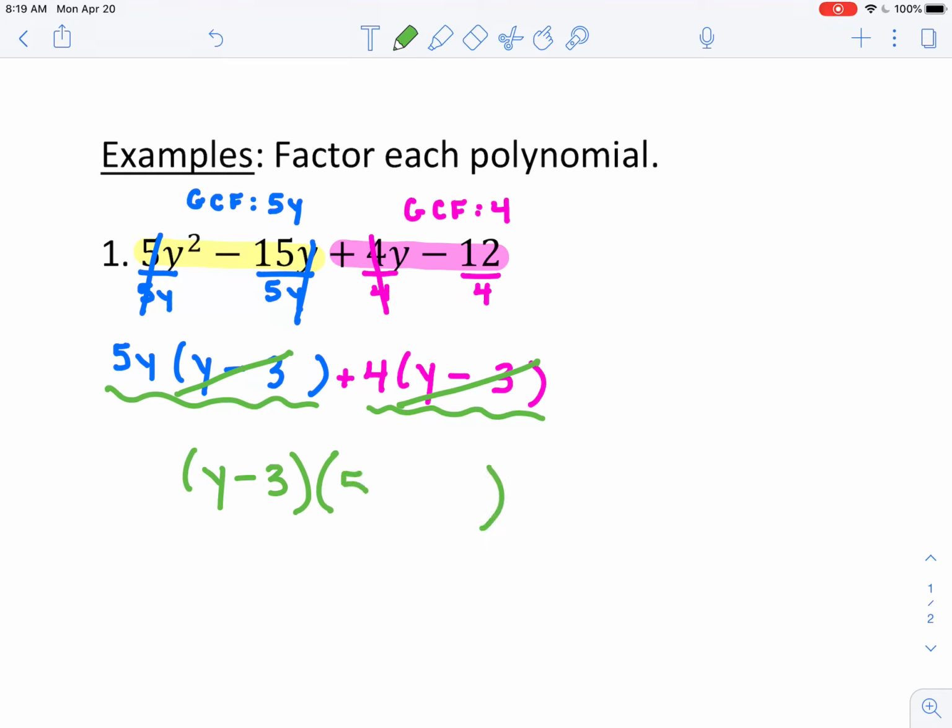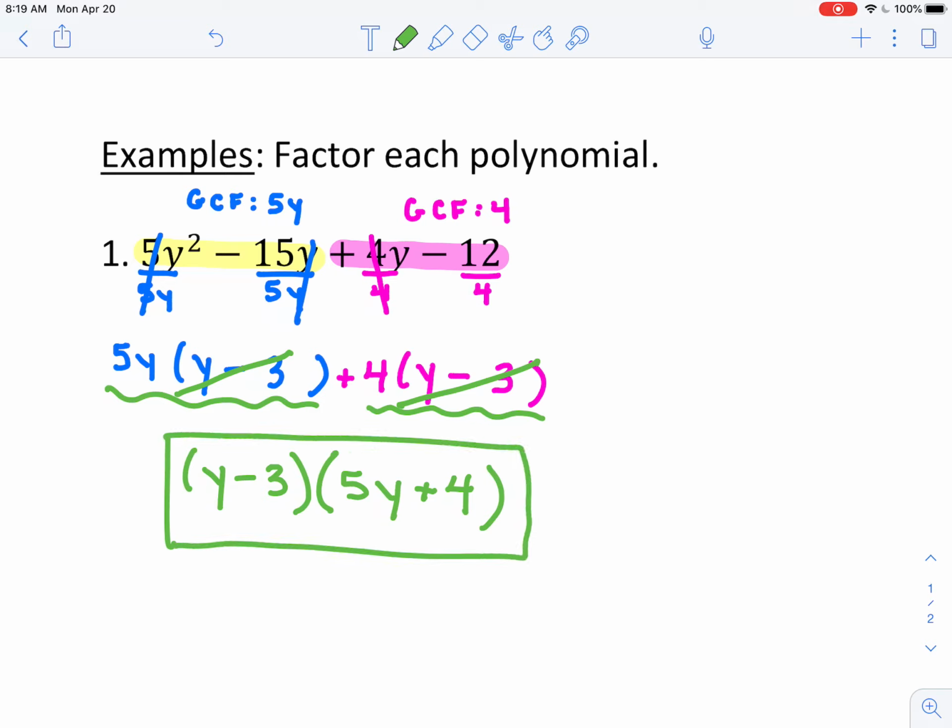My leftovers are 5y plus 4. This is our final answer. Looks like a FOIL problem, 2 binomials in parentheses. And again, if I want to check my answer, I can always FOIL this out. It would get me back to the original problem.